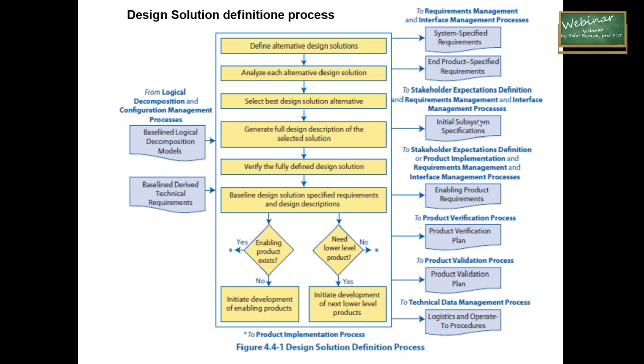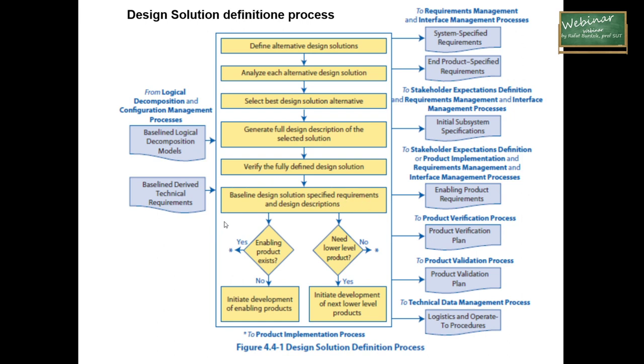So we've got all subsystems based on the logical decomposition, including the product breakdown structure, and you are able to generate the full design description. Then you have to verify the fully defined design solution, so we have to define if the solution is correct, if it is good.